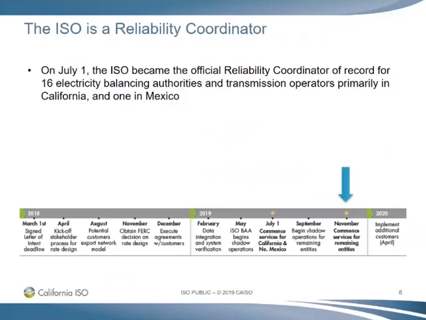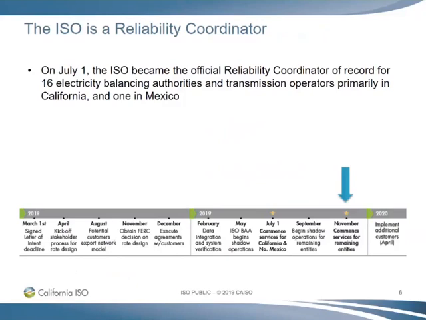In early November, following additional certifications by the North American Electric Reliability Corporation, or NERC, and the Western Electricity Coordinating Council, or WECC, the ISO anticipates that RC West will become the reliability coordinator for another 23 entities in the Western Interconnection, overseeing 87% of the load in the Western United States.